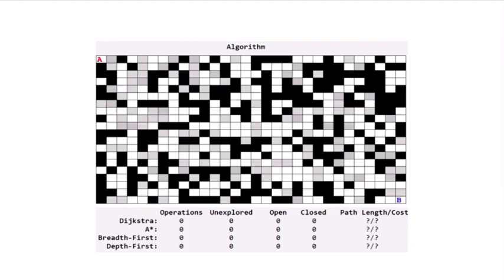All right, well, let's start with something that's kind of fun and really easy to see. What we have here is a maze, and we're going to look at a few different algorithms for getting from location A down here to location B. We're going to look at Dijkstra's, an algorithm called A-star, breadth first search, and depth first search.